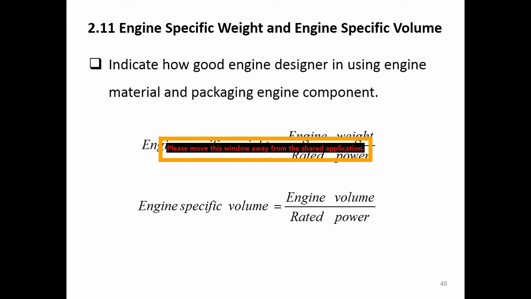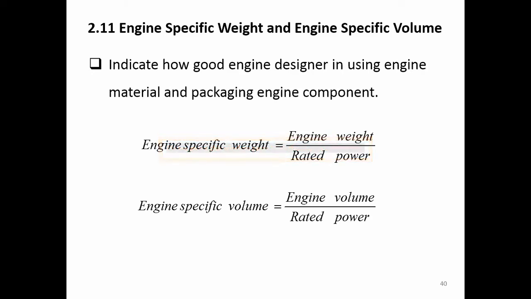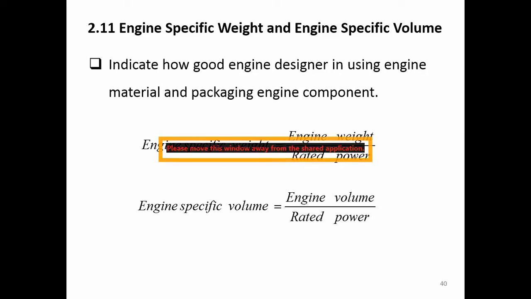That means what material they use for this engine, and how compact an engine they can design. Or in other words, how well they can arrange all the components required for the engine within the casing or housing of the engine. And that housing has to be very compact or small.